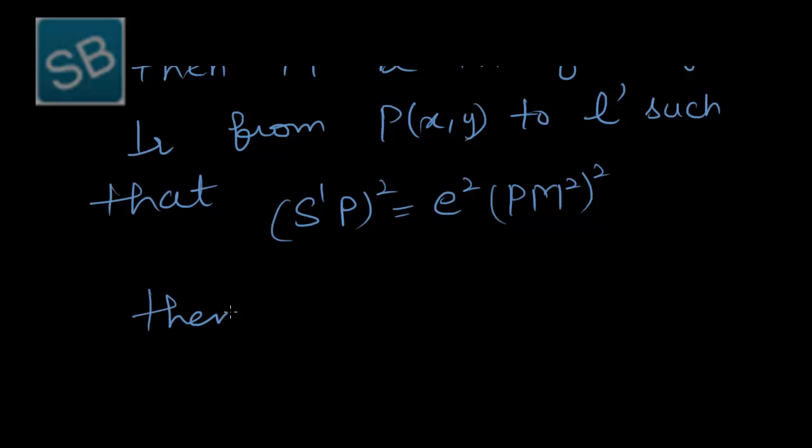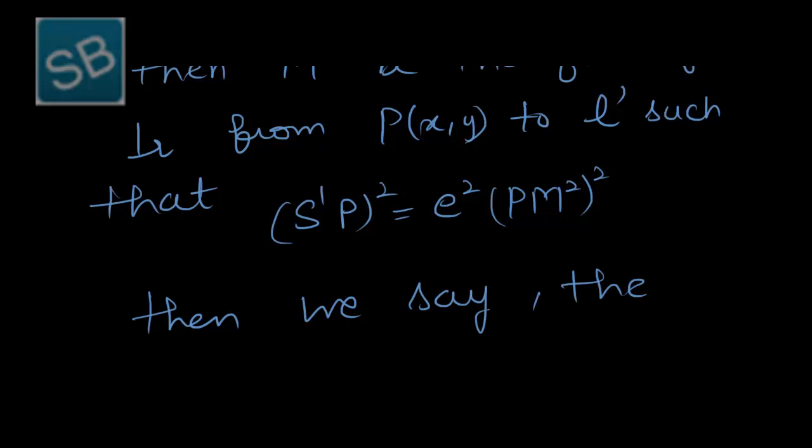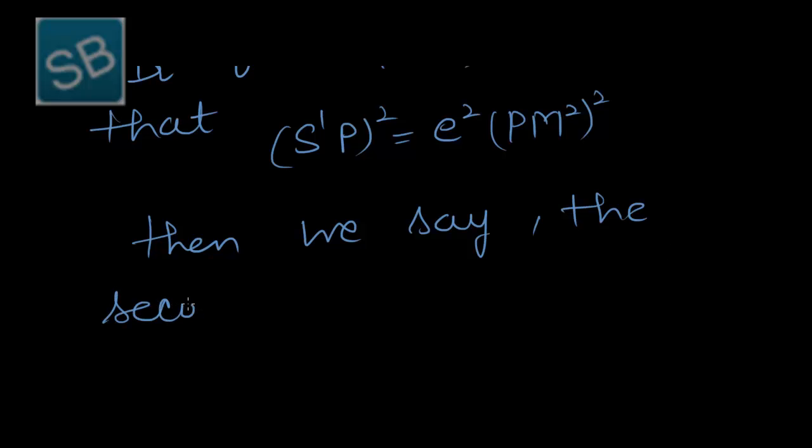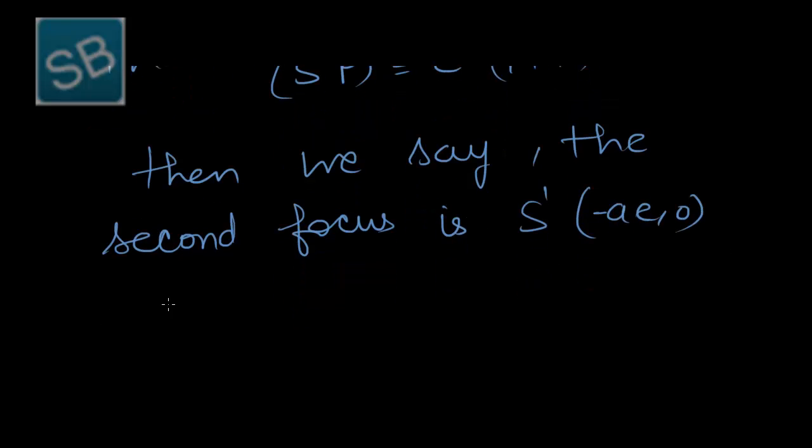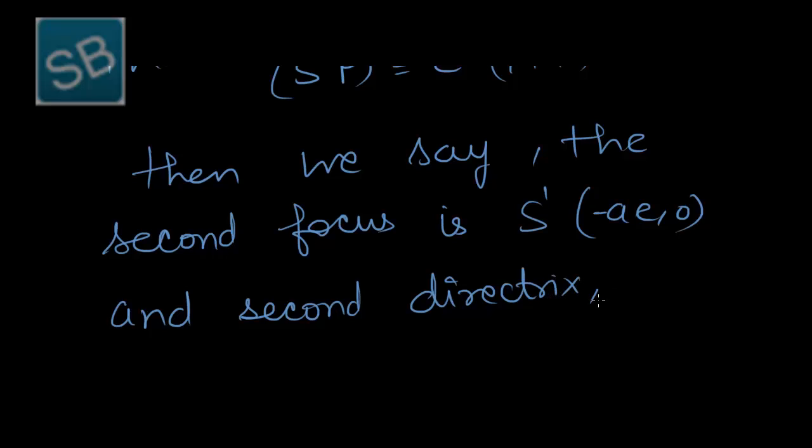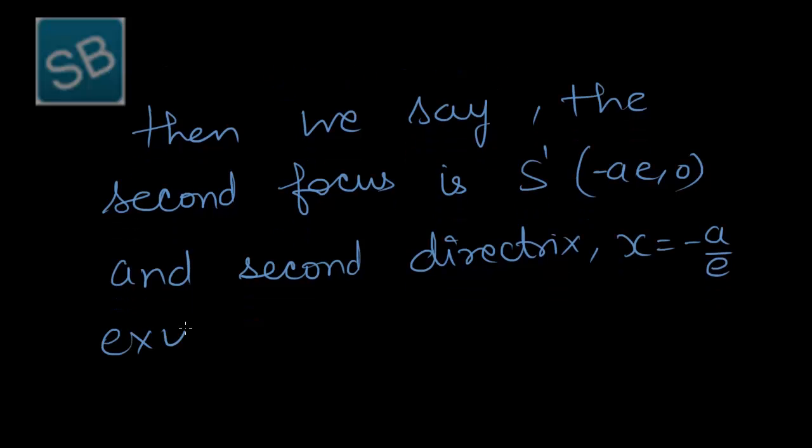Then we say the second focus is S dash with coordinate minus ae comma 0 and second directrix, that is x is equal to minus a over e, exists for the equation of hyperbola.